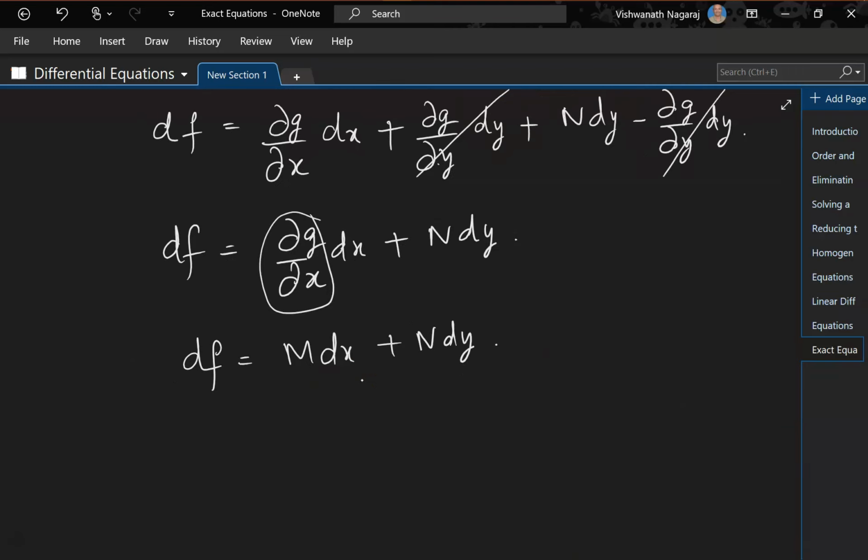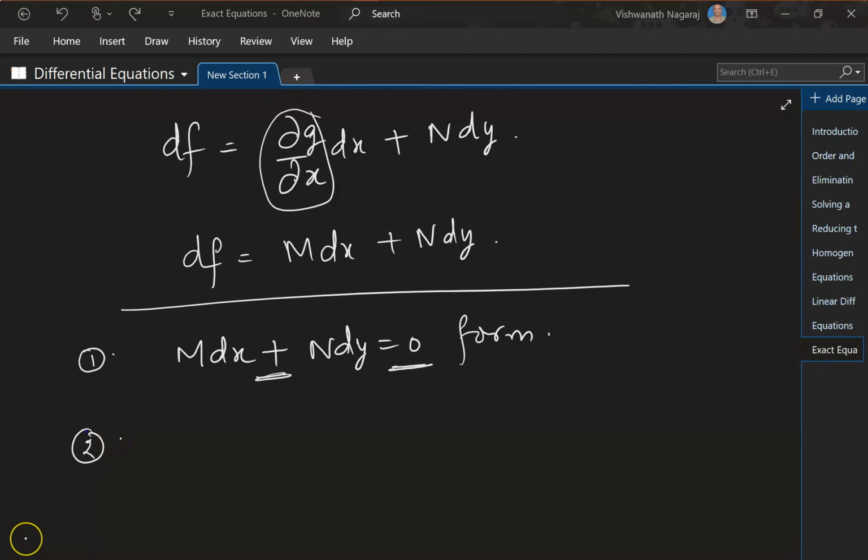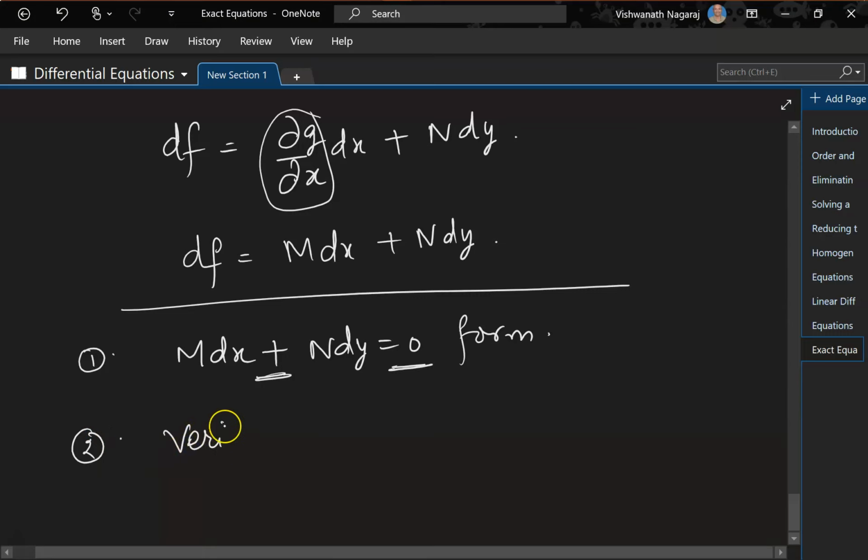Okay, so this itself gives us some idea as to how to solve this type of problems, right? So the first step is to make sure that it is in this form, M dx plus N dy equal to 0 form. Now here it has to be 0, it has to be plus. Second step is to make sure that there is a solution. So verify that it is actually an exact equation.